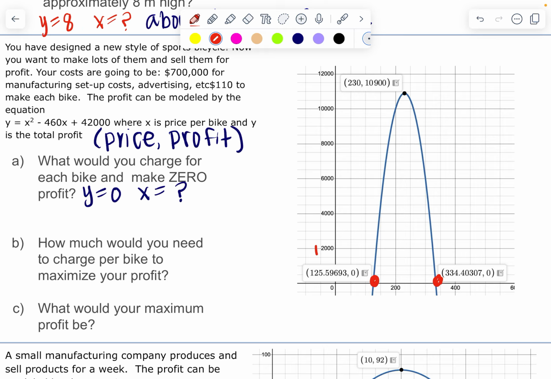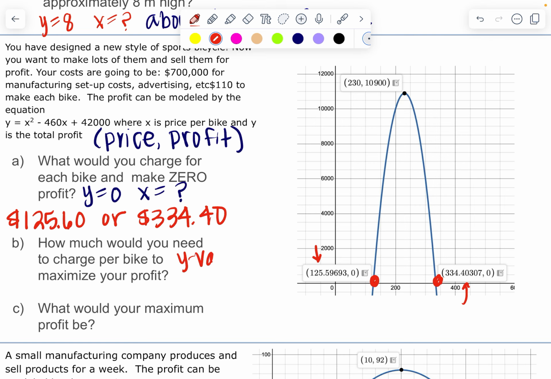So it looks like my two costs, and this is money, so we have to round correctly, $125.60 or $334.40.